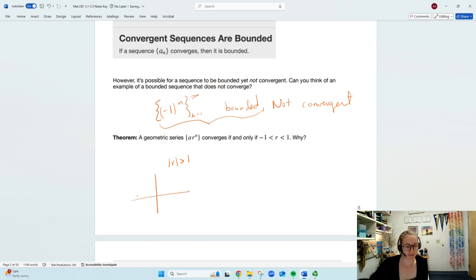It's just going to go off towards infinity, kind of like an exponential. And if it is in between -1 and 1, which is another way of saying that the absolute value of r is less than 1, then we're going to have something like an exponential value that is decreasing over time, and that's why it'll converge.